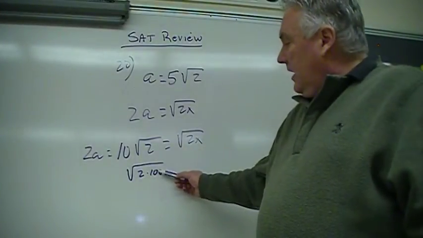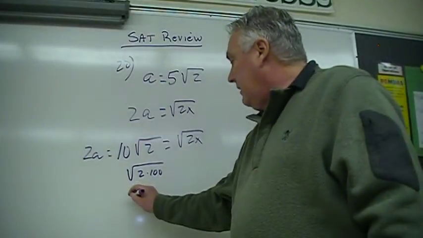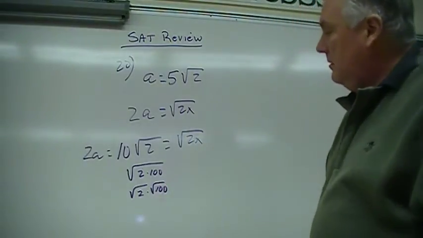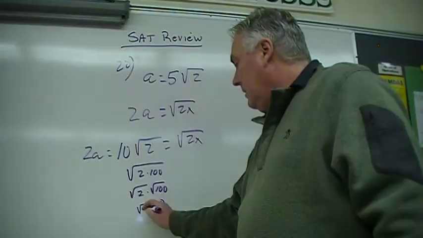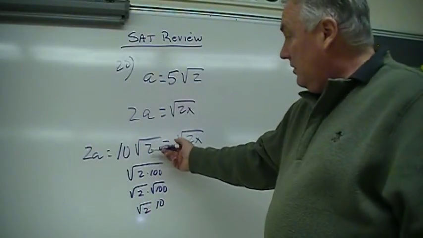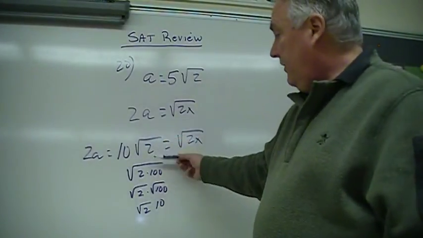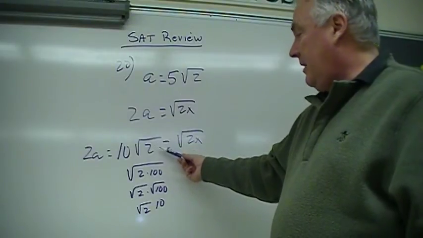The square root of 100 is 10. So when we have the square root of 2 times the square root of 100, the square root of 100 is 10, so we get 10 times the square root of 2. And that's what we have right here. So we're kind of going backwards to fit this in. To get 10 here, we had to have 100 inside the radical.